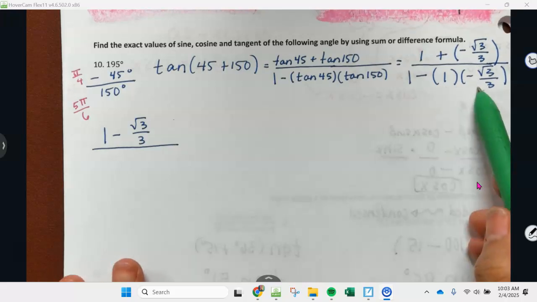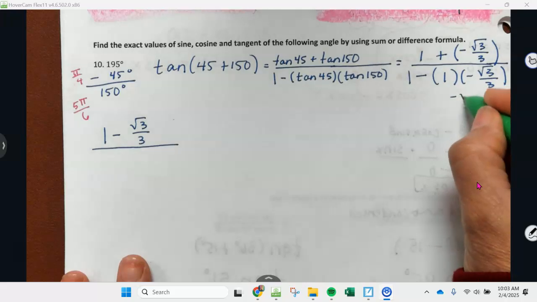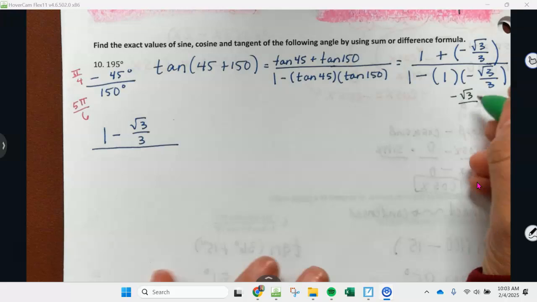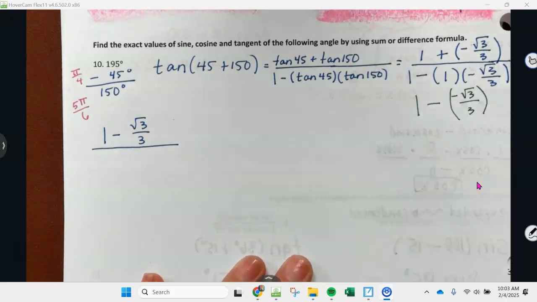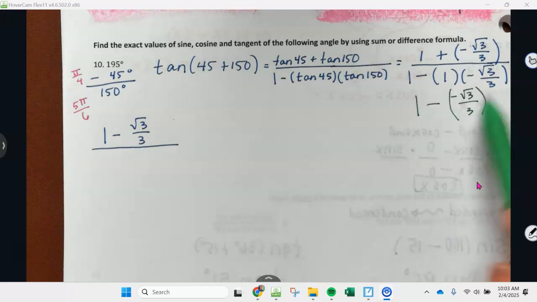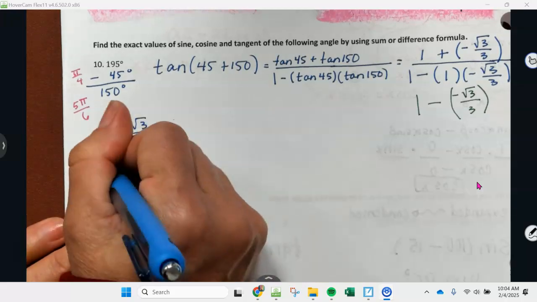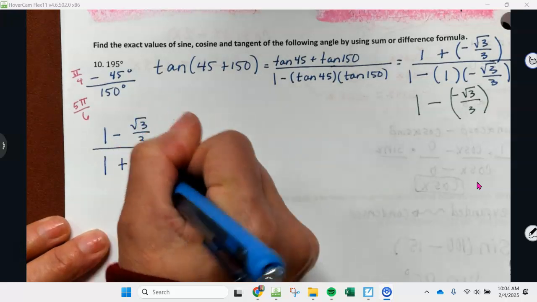It's 1 times negative root 3 over 3, which is negative root 3 over 3. And it's going to be 1 minus that. So 1 minus a negative turns into a plus. So the bottom is going to be 1 plus root 3 over 3.